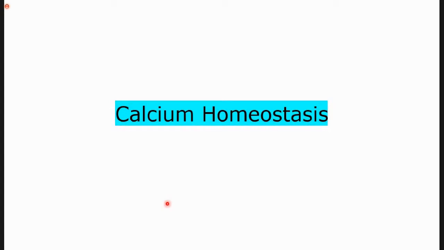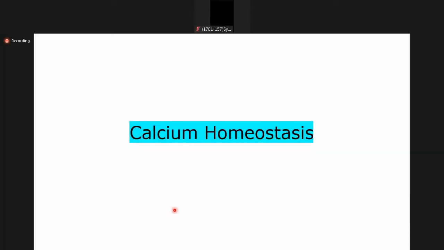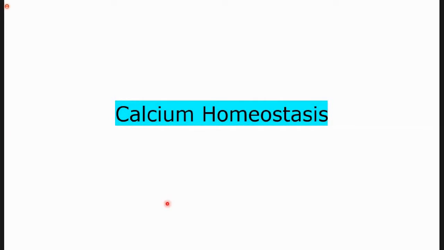Calcium homeostasis is maintained by a number of organs: the skeletal system, the kidneys, and the intestine are involved. So if you recount the organs involved in calcium homeostasis, the first is the skeletal system. Can you recall? Can you write in the text chat box?